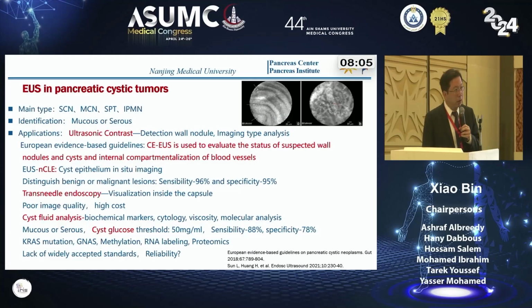There are a lot of cystic tumors in the pancreas. The main types are SCN, MCN, SPT, and IPMN. Among all the kinds, the main identification is to define whether it's mucinous or serous.